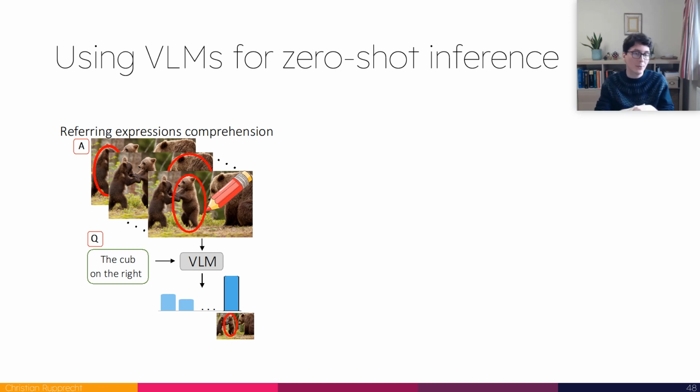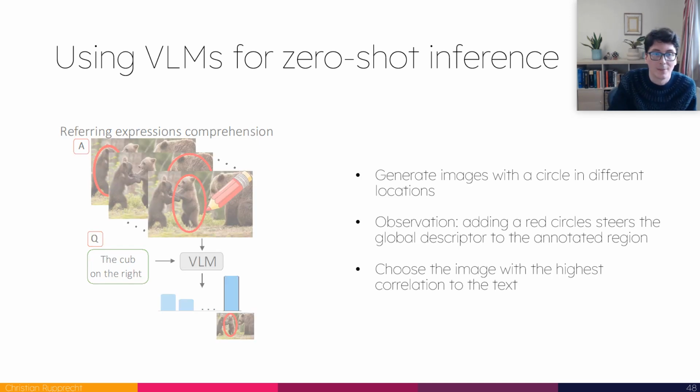So, for example, you can take CLIP and a text query, "the cup on the right," and then you draw a bunch of circles in the image, and then you rank the images based on their CLIP score. And then what we found is that the image where the circle is placed in the right location will rank highest for CLIP.